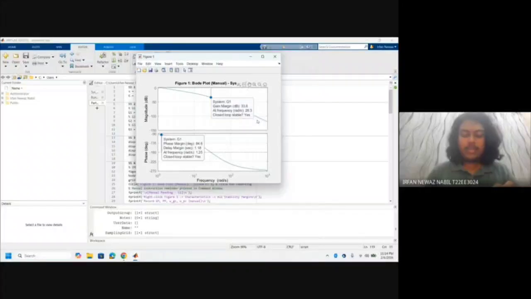So we can say G1 has a positive gain and phase margin, so it is quite a stable system, and the moderate phase margin indicates reasonable robustness but limited tolerance to time delay.